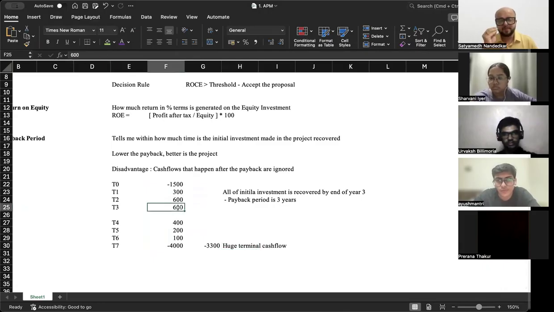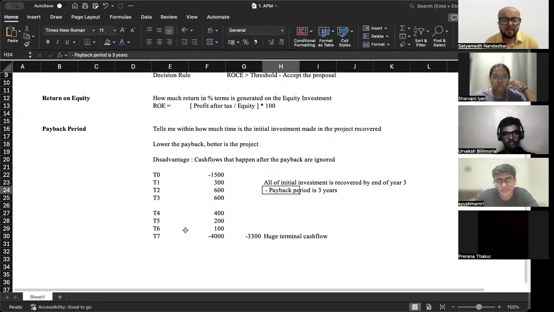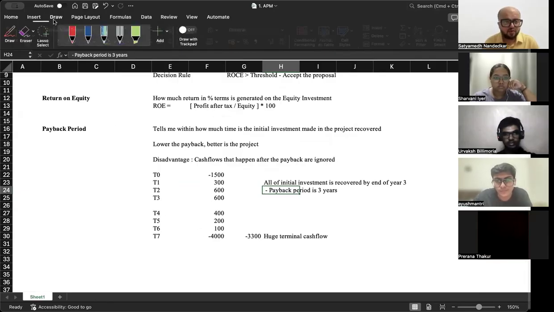So this project has a less payback. Let me go ahead with this particular proposal, only to realize after continuing with the project much later that at the end of T7, there is a huge terminal cash flow, and this huge terminal cash flow makes the project completely unviable. But the payback period method completely ignores that. It ignores the cash flows that take place after year 3.